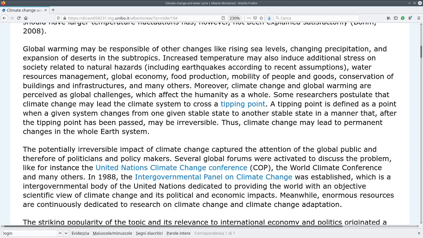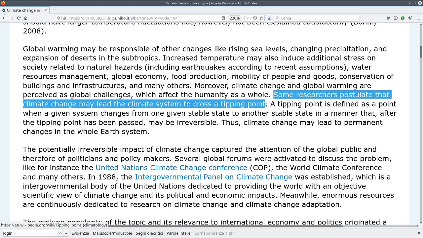So if we changed it from one state to another state, which is today's state, through 1 degree of warming, we cannot say that the next degree will have the same changes. Because again, the system is non-linear. The consideration is written here.